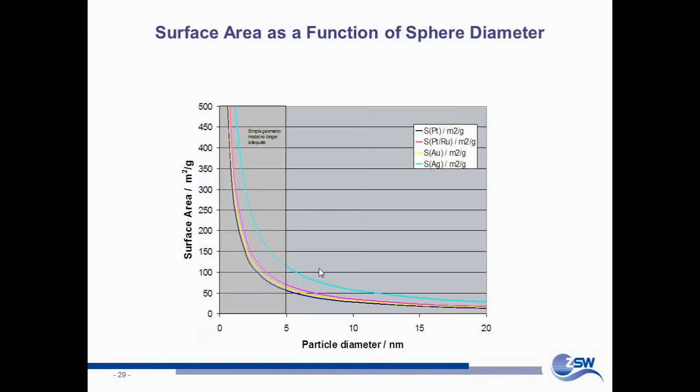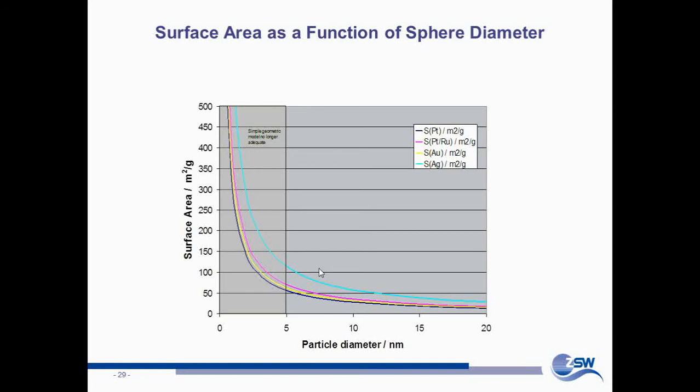But you see, if you just plot, let's say, the surface area of spheres with decreasing diameter, then you see the surface area at a certain point almost increases infinitely. But be aware, this is about 5 nanometers.